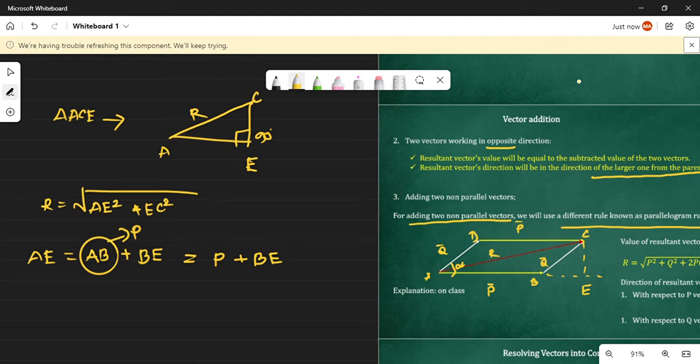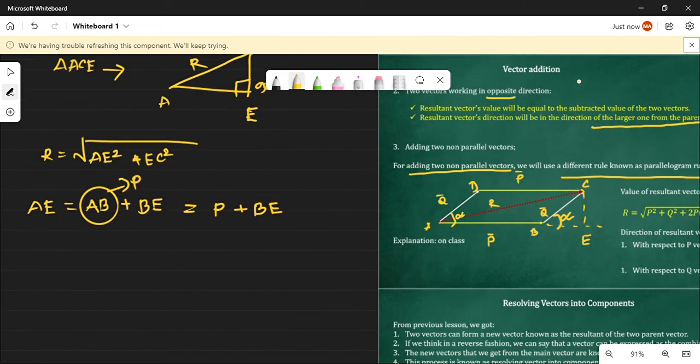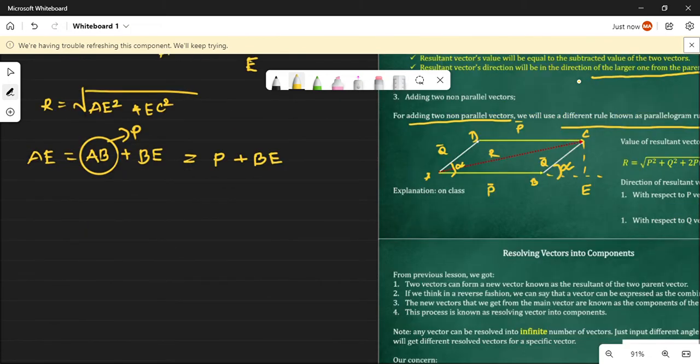Okay, for finding BE, this is also the angle alpha, the same angle. So BCE is also a right angle triangle. If we draw it in a separate position, this is Q, B, E, and this is C, and this is alpha.